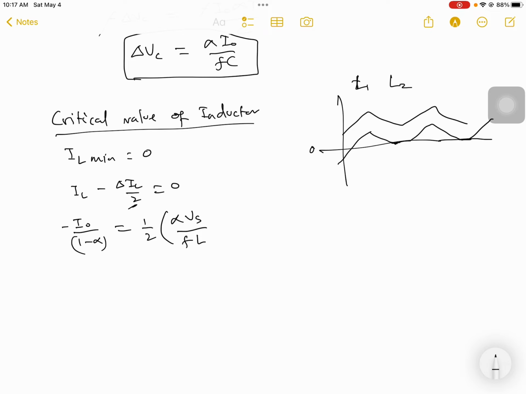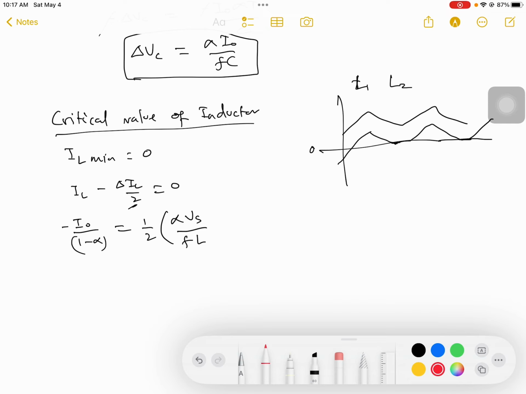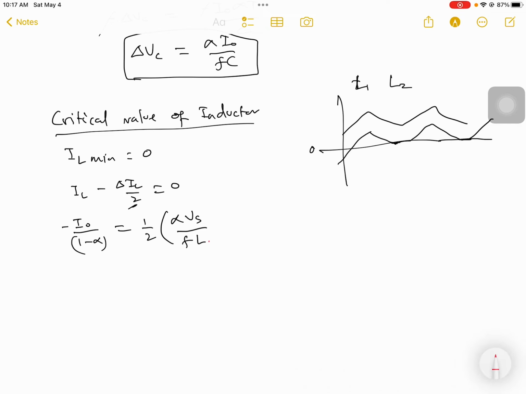And in order to indicate the critical value of the inductor, I am adding the referring subscript C, critical value of the inductor. So we can make LC the subject here, and if we consider a resistive load, we'll have the final value R times 1 minus alpha squared divided by 2F.